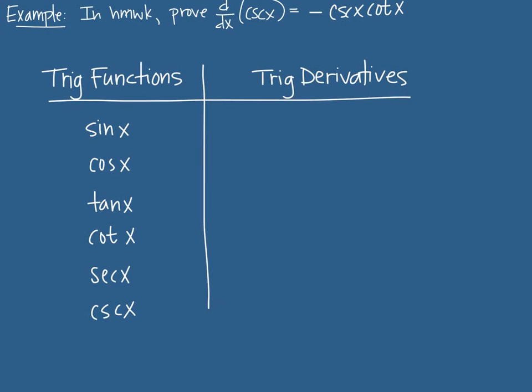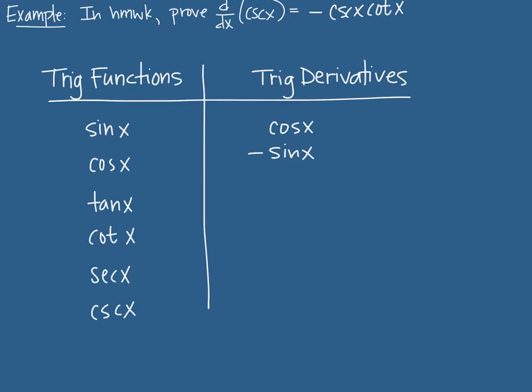And so if you see them side by side, you might start to notice the patterns and it will help you memorize them a little bit better. So we know that sine's derivative is cosine. We know that cosine's derivative is negative sine. So there's the first pairing where the cosine has a negative derivative.